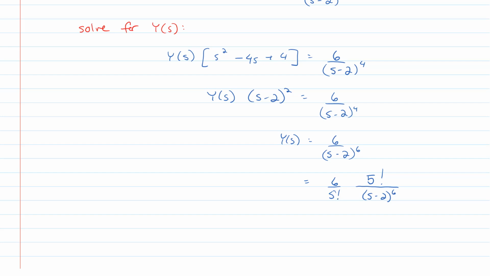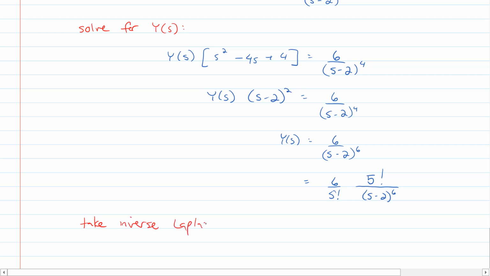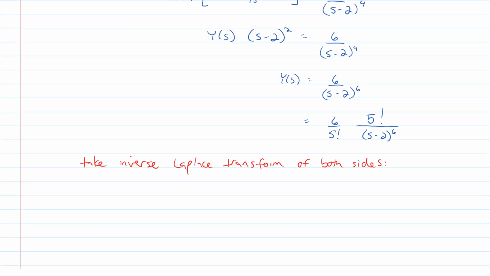So now, to wrap this up, we're going to take the inverse Laplace transform of both sides. The inverse Laplace transform of capital Y of s is just y of t.